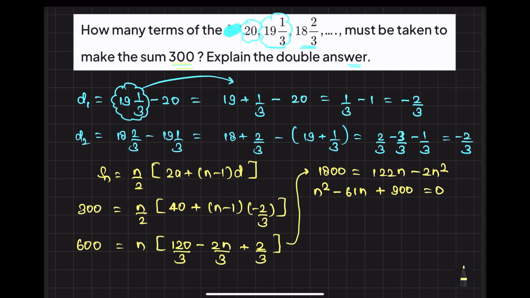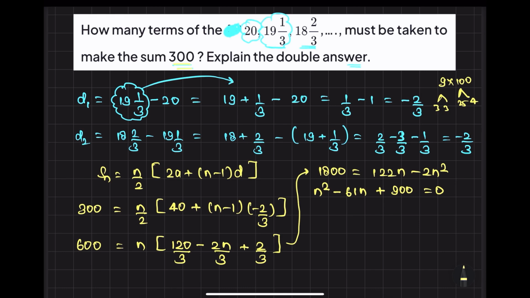Now you have to factorize this quadratic equation. We can write 900 as 9 into 100. This is 3, this is 25 and 4. We want 61: 9 plus 4 is 36... yes, 36 plus 25 is 61.